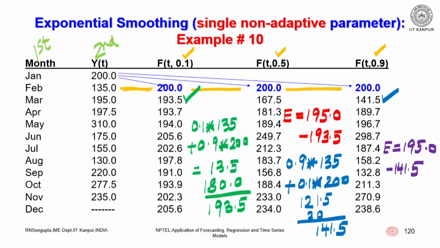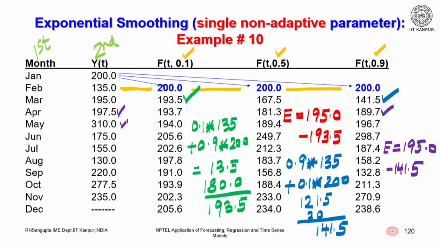Now, what I mean by minimizing the error is that all the errors which you find out, marked in the red color or marked in the violet color, red one being for the third column, violet one being for the fourth column, and I can continue, which means that the next value of error in the last column would be basically given by 197.5 minus 189.7.